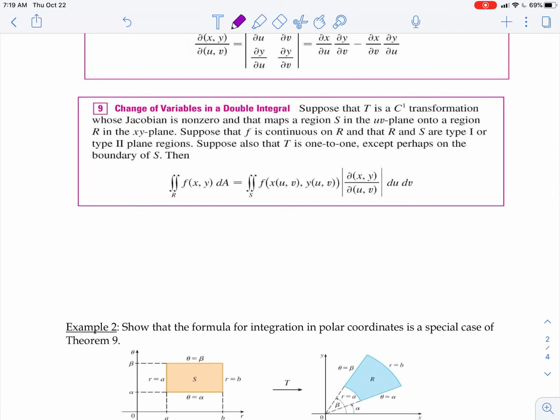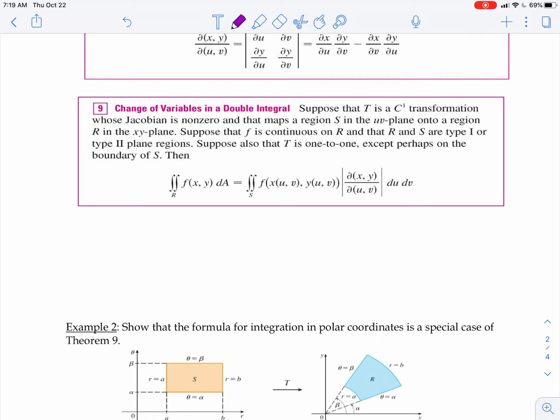Change of variables in a double integral. Suppose that T is a C1 transformation whose Jacobian is non-zero and that maps a region S in the uv plane onto a region R in the xy plane. Suppose that f is continuous on R and that R and S are type 1 or type 2 plane regions.